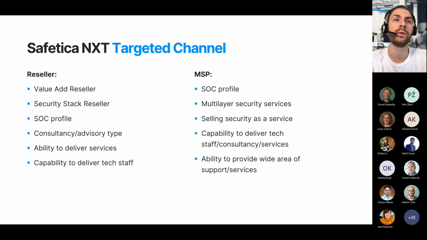We don't require from resellers that they have big or deep skills in data protection or data leak prevention systems. This is something that we can teach them and onboard them pretty easily and quickly. So this is basically just a quick intro to the two basic groups of channel or reseller profiles, partner profiles that we are looking for.